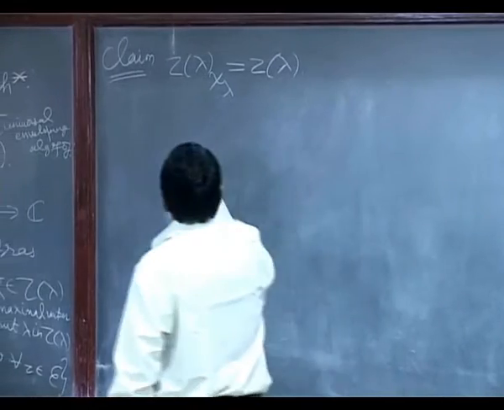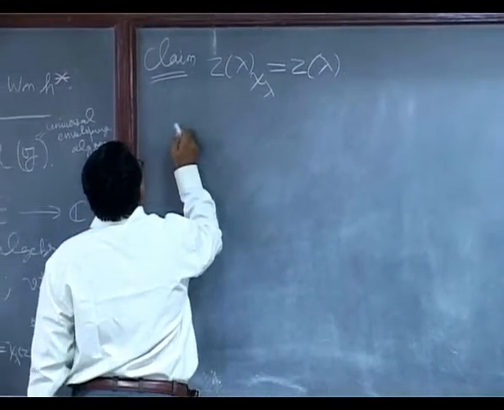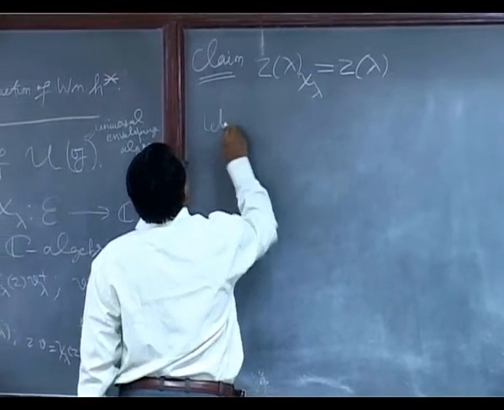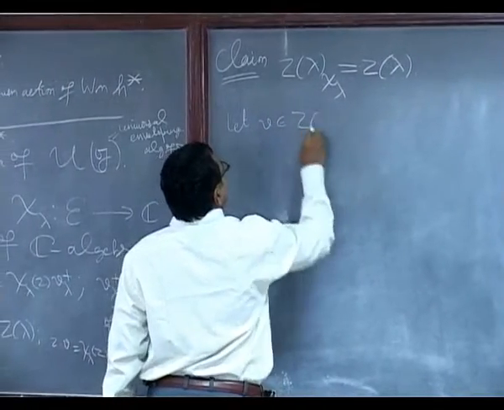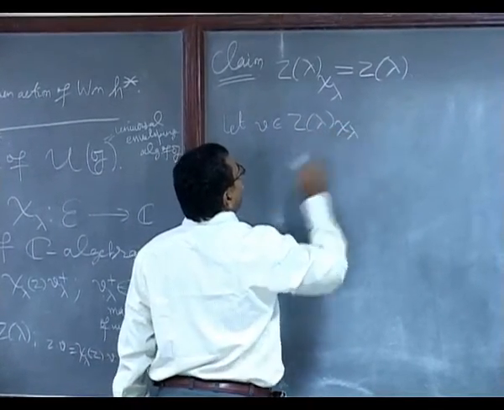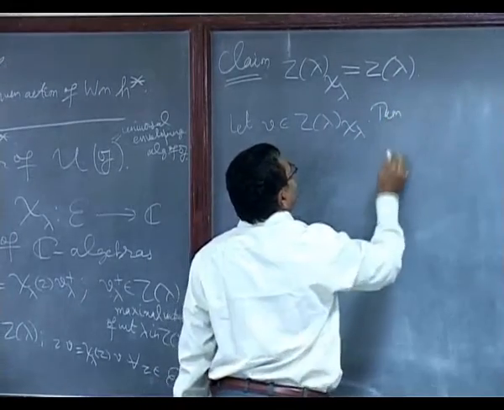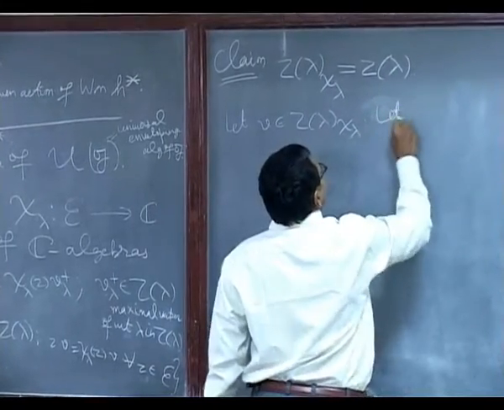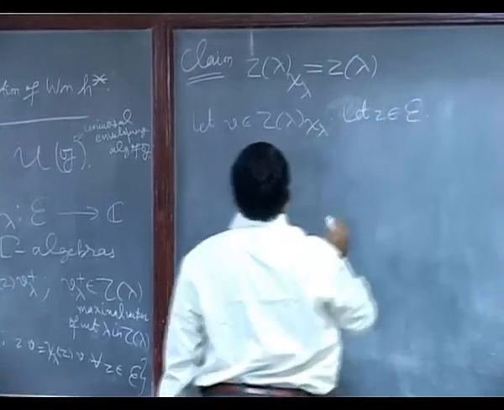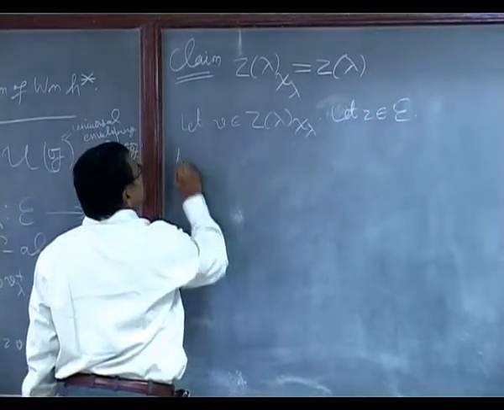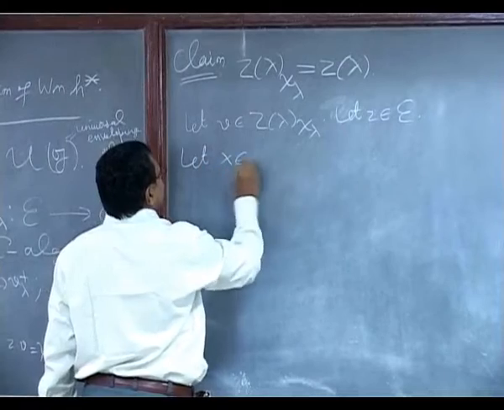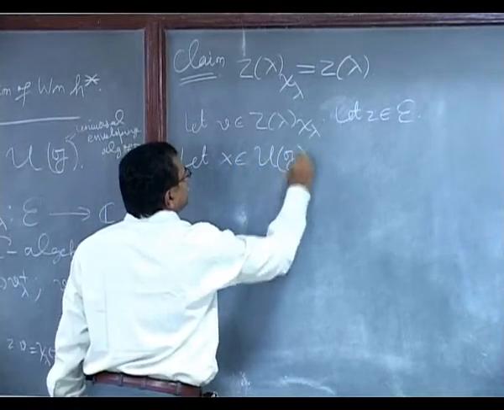Okay. And why is it? So, the first thing is, let v be in the left side, and let z be in the center, also let x be in g.